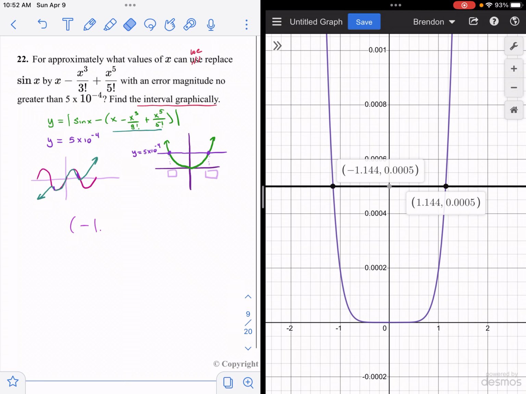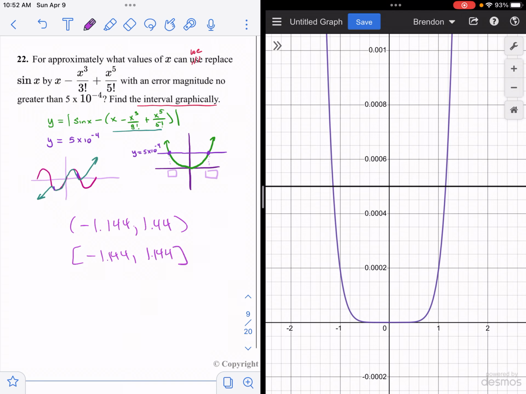You can use soft brackets or hard brackets here, because this is probably a truncated rounding. So whether you use soft or hard brackets is not really a big deal in this case. Okay, so hopefully that helps.